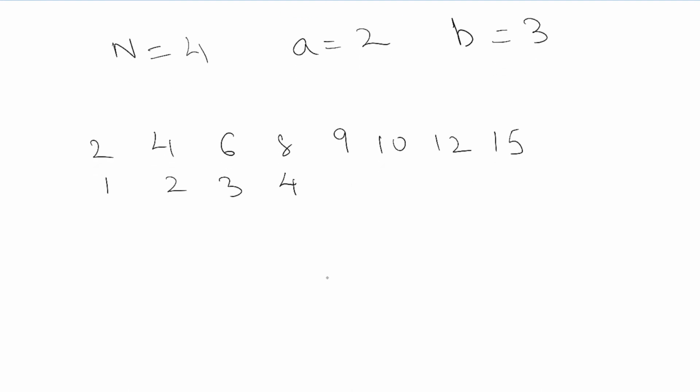Let's just say we have an array of length in the range 1 to 10. We have 10 divided by 2 multiples of 2.